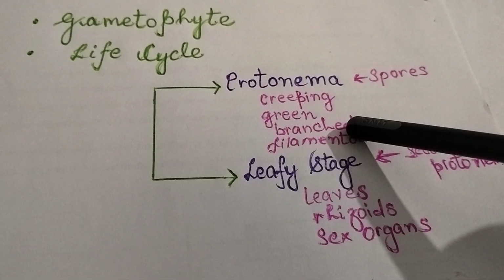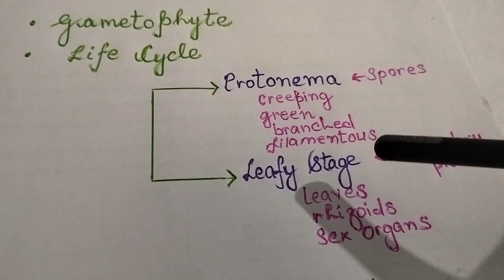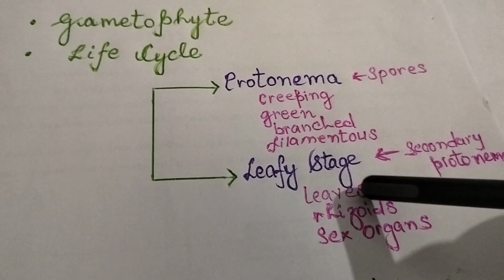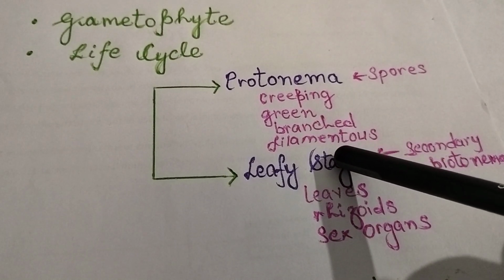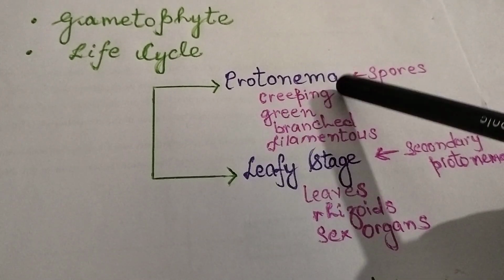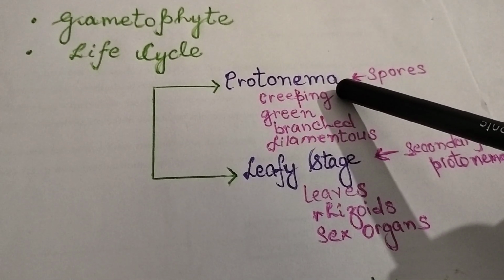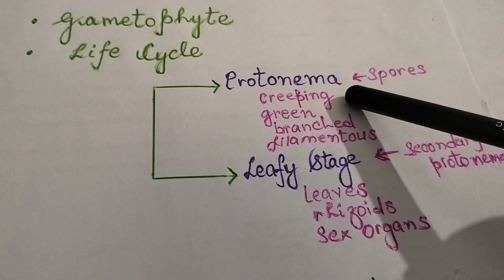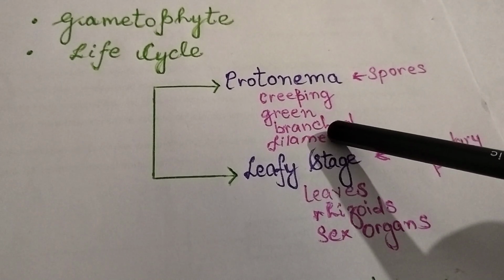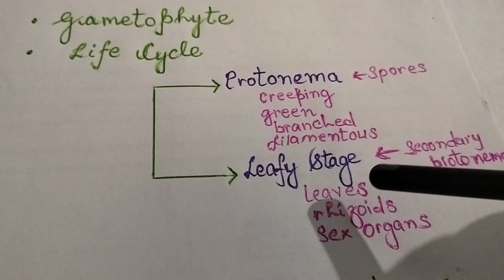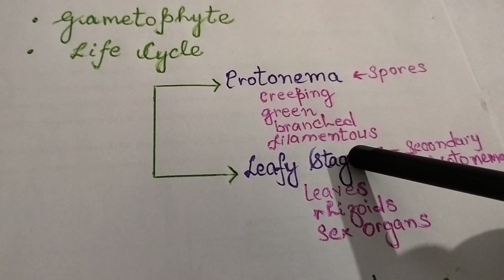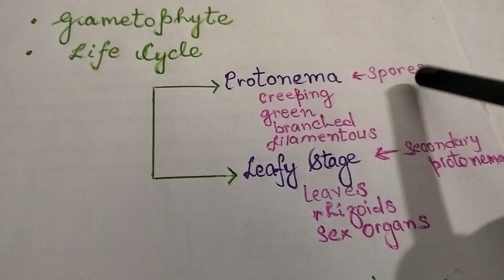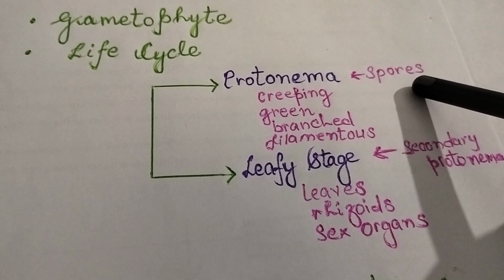It is a creeping, green, branched and frequently filamentous stage. Means the protonema stage of the mosses is green in color, it is in creeping form, it is branched, and frequently, it is a filamentous stage. Protonema is formed directly from the spores.